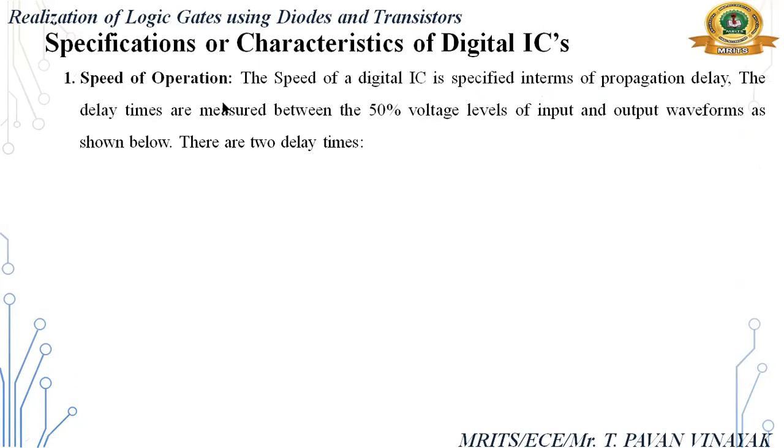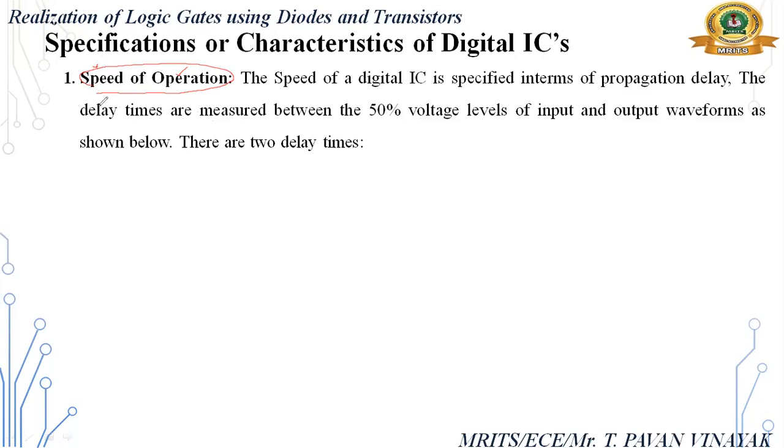Because for designing an IC, speed is very important, because within nanoseconds we have to get the output. We don't wait for more time to get the output. So speed of operation is important.